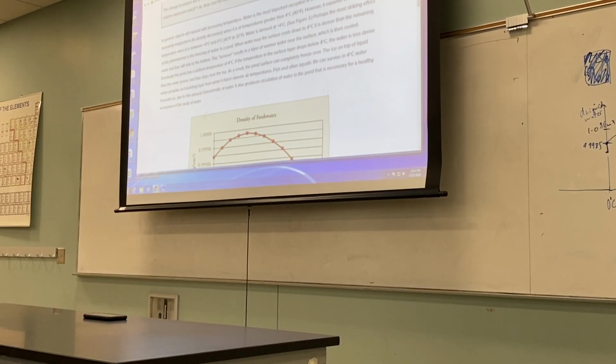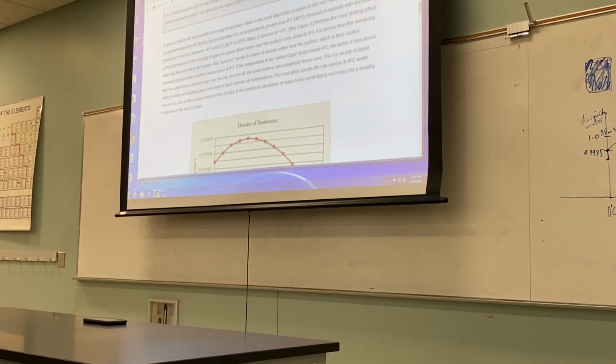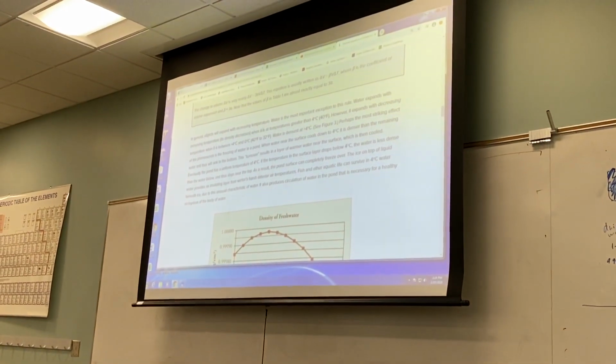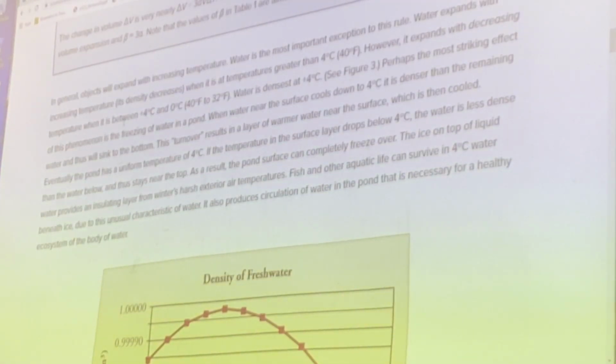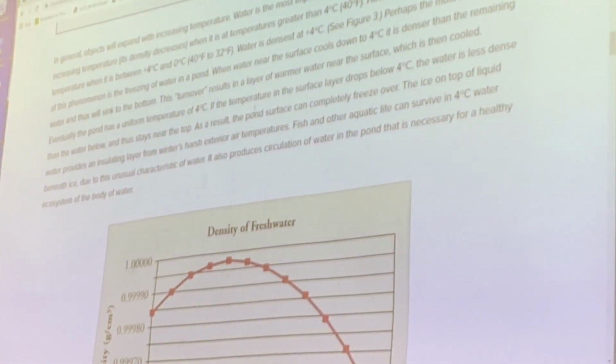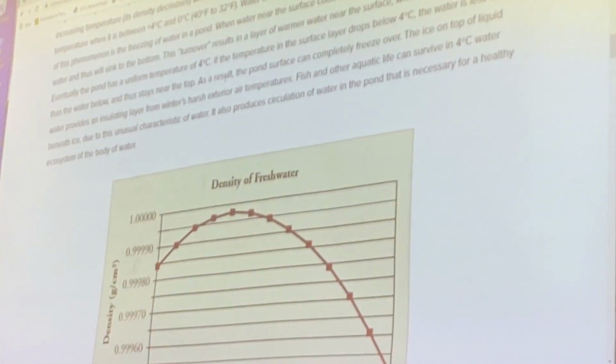They explain that in this paragraph. Water is the most important exception to the rule. Water expands when increasing temperature, when it is at a temperature greater than 4. However, it expands with decreasing temperature when it's between 4 and 0. Water is densest at 4. If the temperature in the surface layer drops below 4, the water is less dense than the water below, thus it stays near the top.